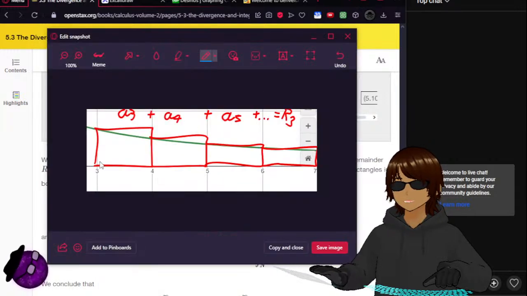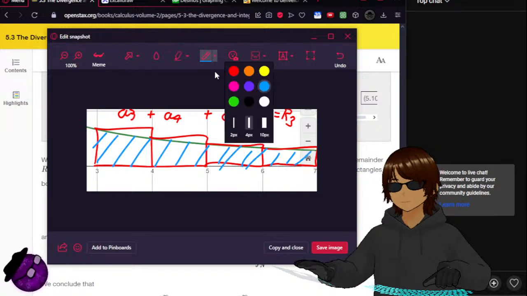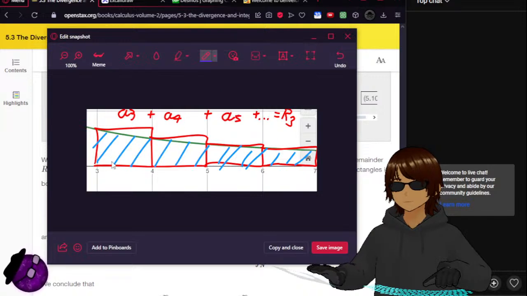So n to infinity would be this area, and n plus 1 to infinity would be this area.